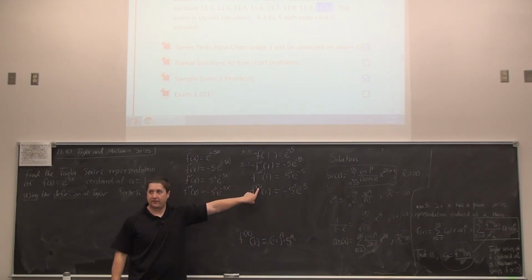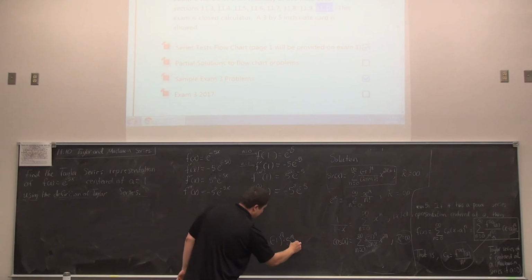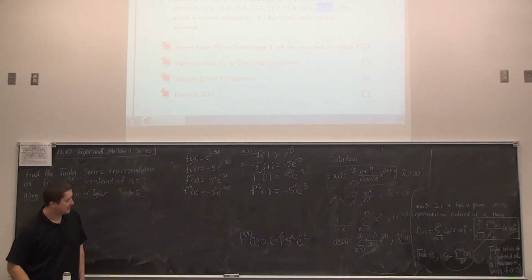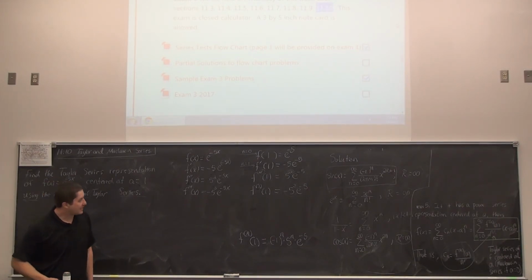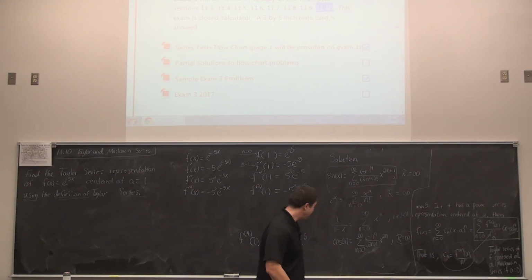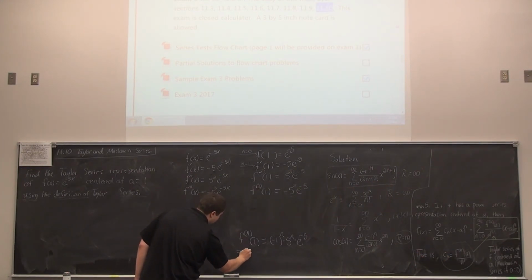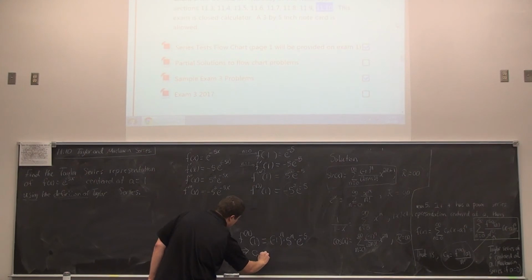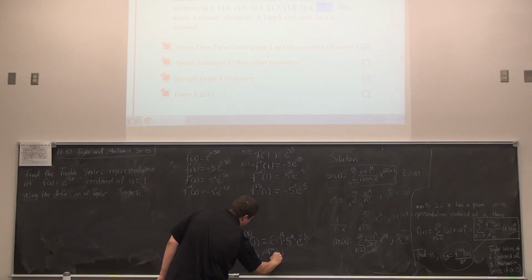So we'll just go 5 to the n. Then there's an e negative 5 on every single factor. It does have to be there, but it does not depend on n. We'll just throw it in. So we have the nth derivative centered at 1. What that then allows us to do is we'll plug in the formula for the coefficient, c sub n. So now we have that c sub n is equal to f of n at 1 divided by n factorial.